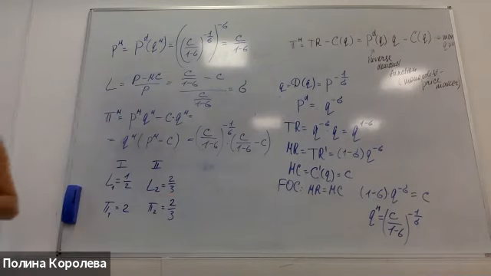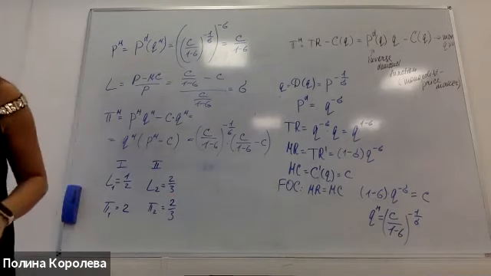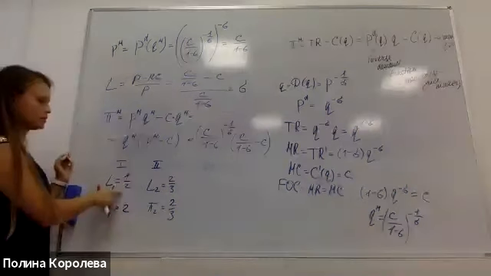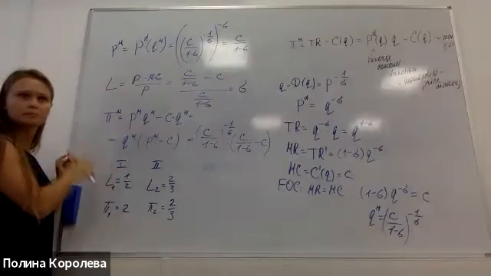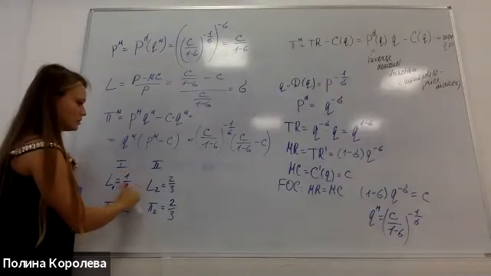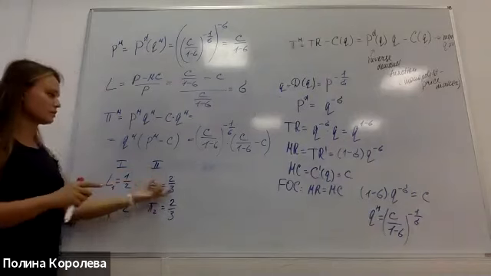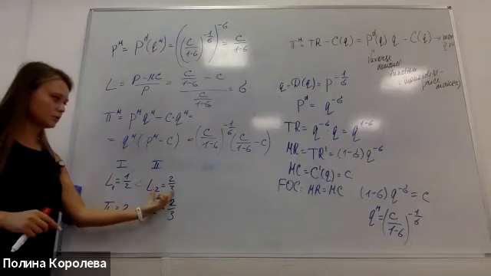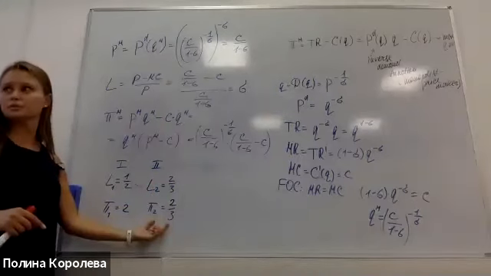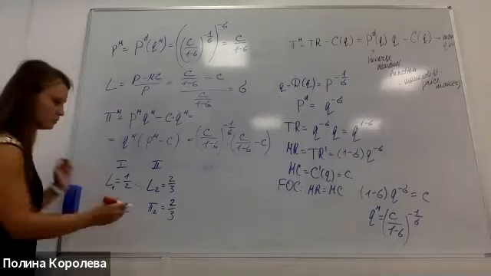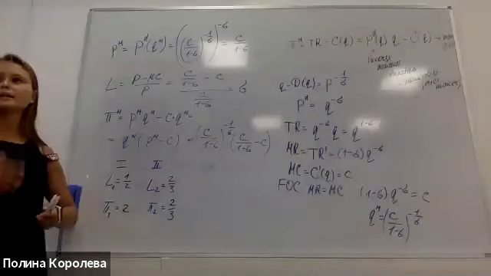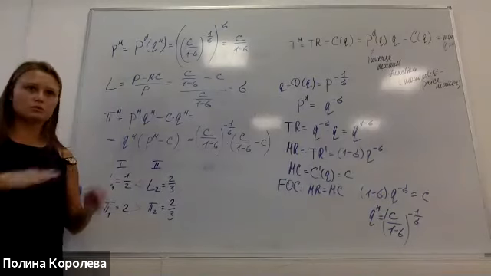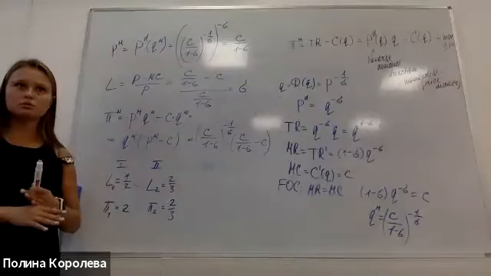So, what conclusion we can make? We can say that on the first market, market power is less than on the second market. So on the second market, monopolist is more powerful. But more powerful monopolist gets less profit. So we cannot say that more market power means more profit. No, this is not true.